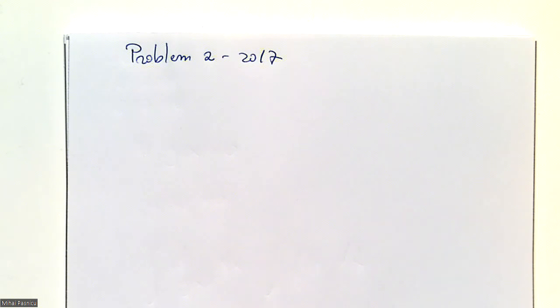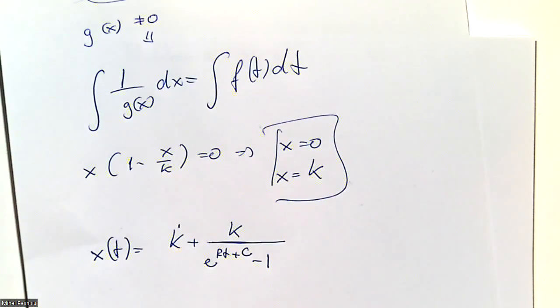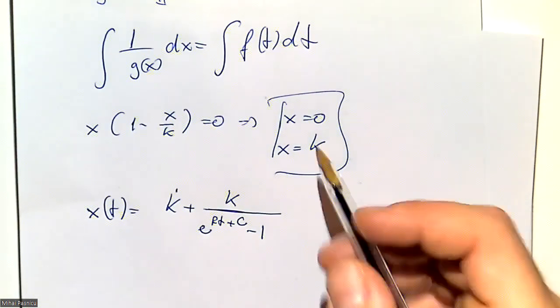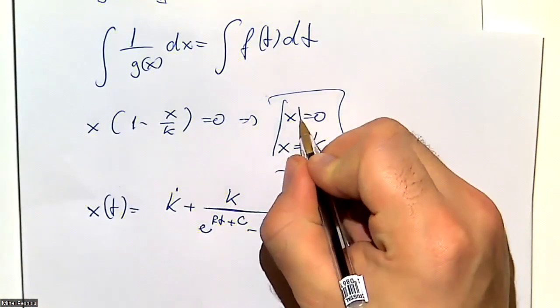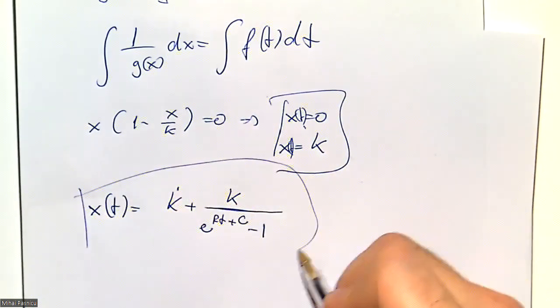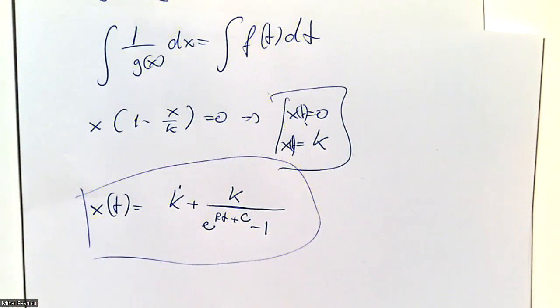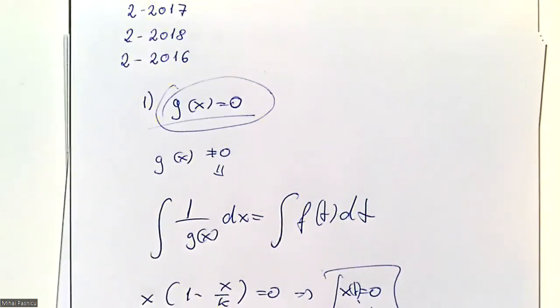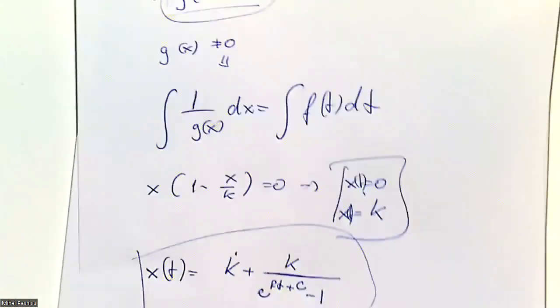Great question. In this case, I would have the solutions x of t is equal to 0, x of t is equal to k, and x of t is equal to this thing. Those are my 3 solutions if you want to consider that, because they all work and they're all different. That's the whole idea. But again, g of x equals 0 gives you some extra solutions, so don't skip on it.